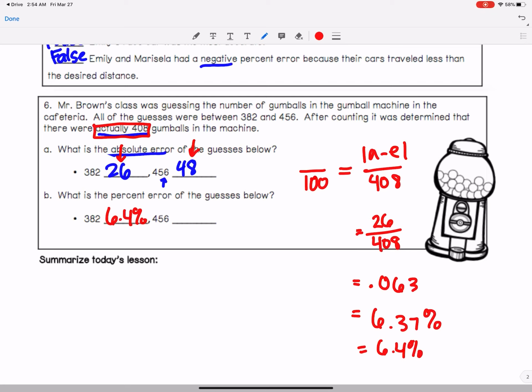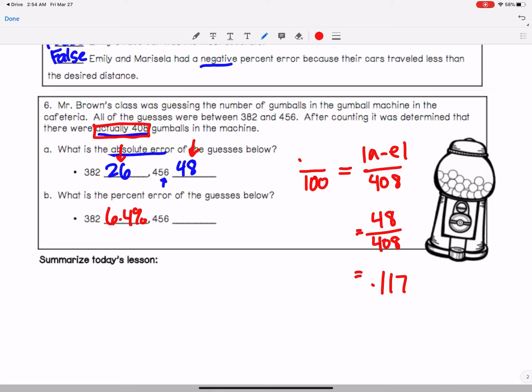All right, let's go ahead and fill out the next question. What if we used 48 instead of 26? We still use the same exact equation. When we took the approximate value minus the exact value, we got 48. So let's do 48 divided by 408. That gives me 0.117.